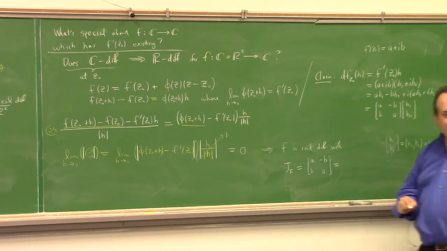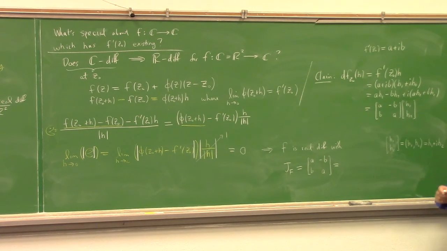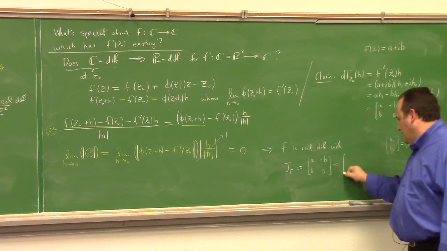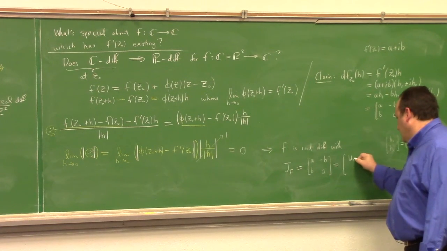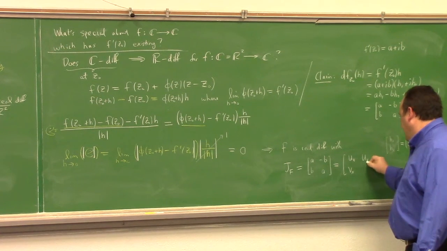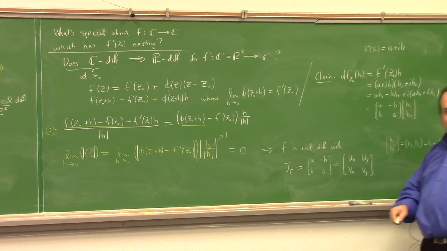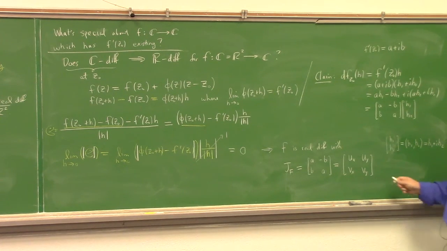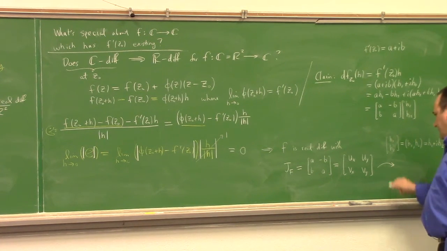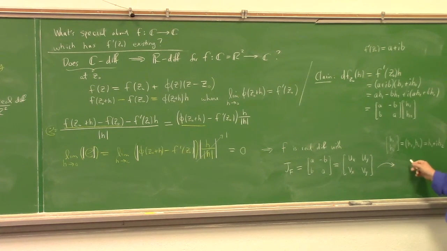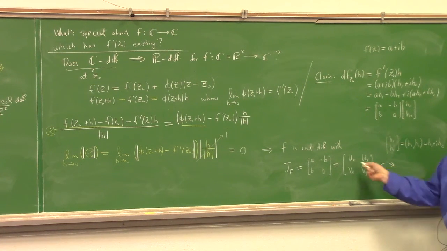But what does that say about the partial derivatives of u and v? Remember what this is equal to? This is equal to ux, vx, uy, vy. A is A, B is B. What equations does this give us? A equals A, we get ux is equal to vy.